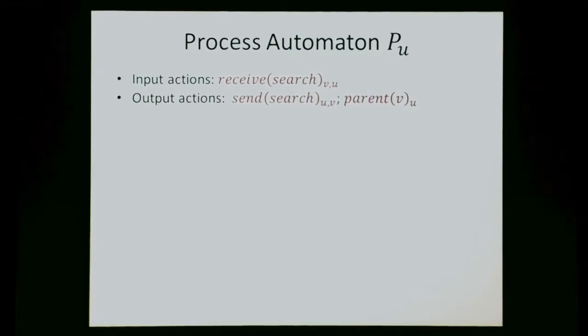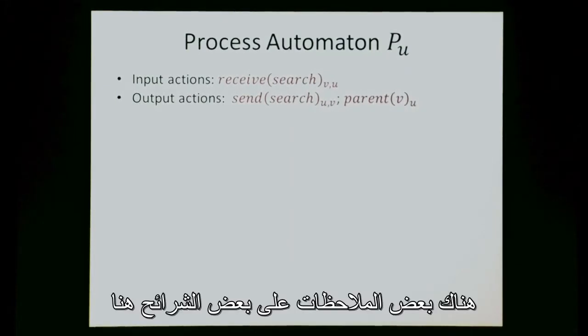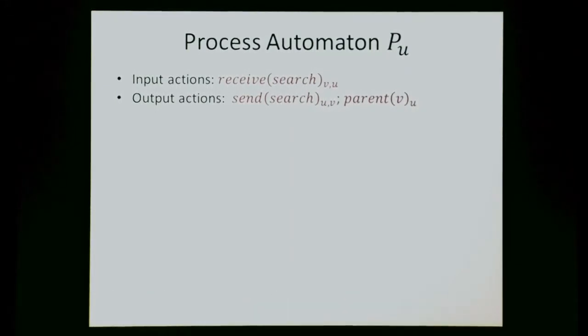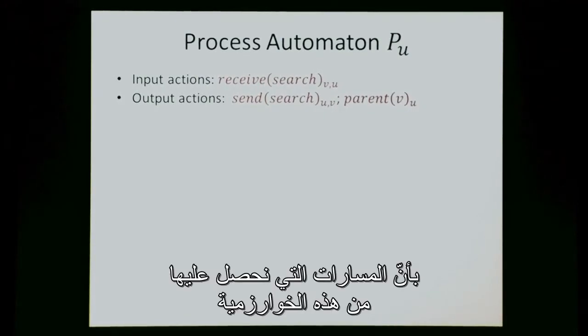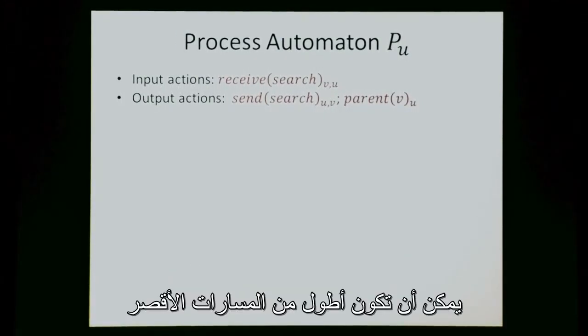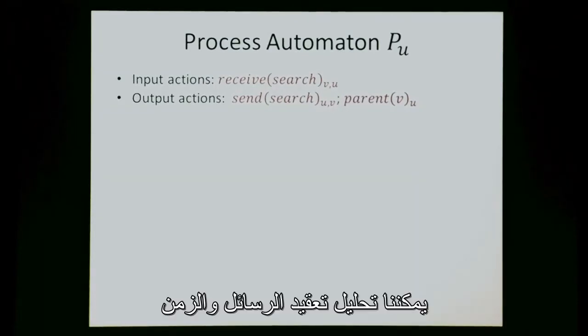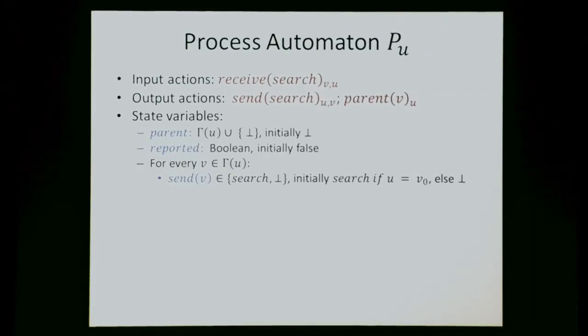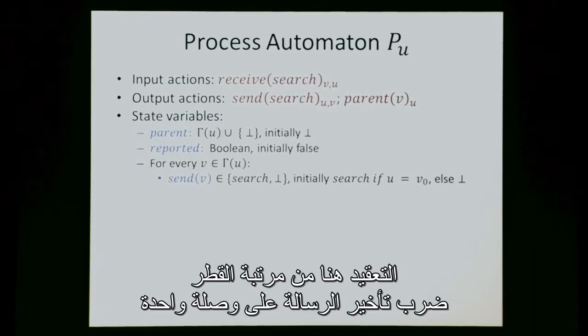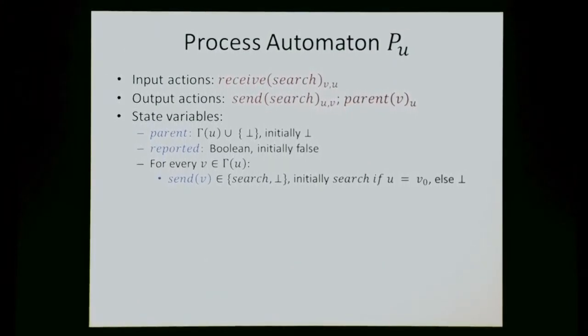Okay? So there are some remarks on a couple of slides here. This is just belaboring the point that the paths that you get by this algorithm can be longer than the shortest paths. And yeah, you can analyze the message and time complexity. The complexity here is order of the diameter times the message delay on one link.